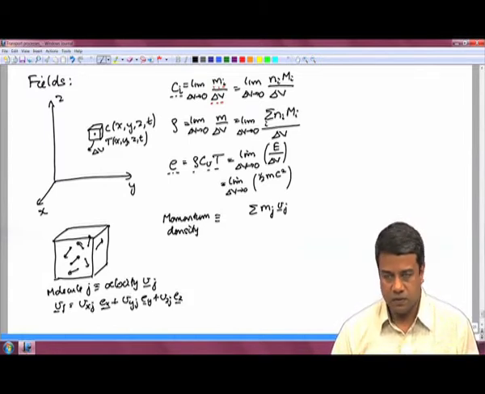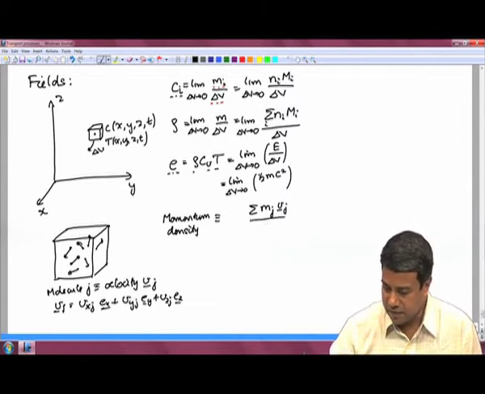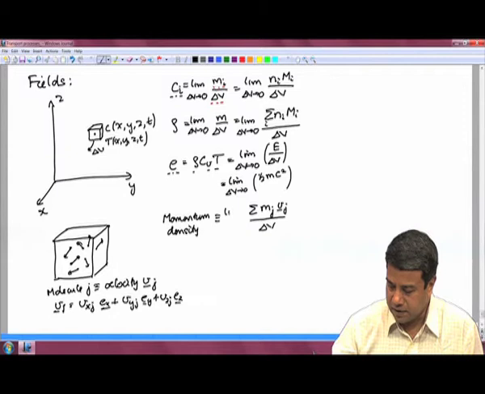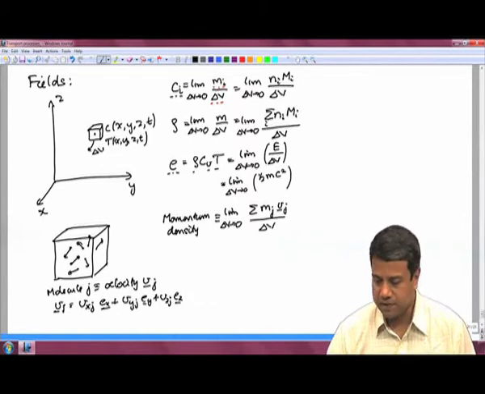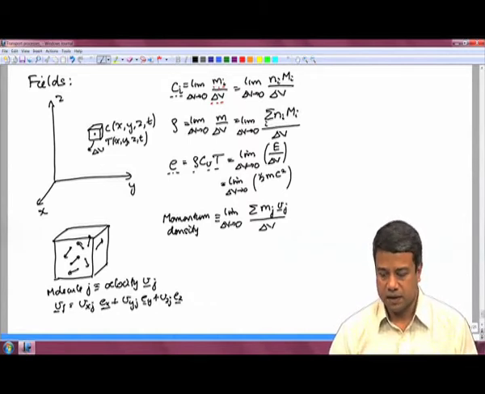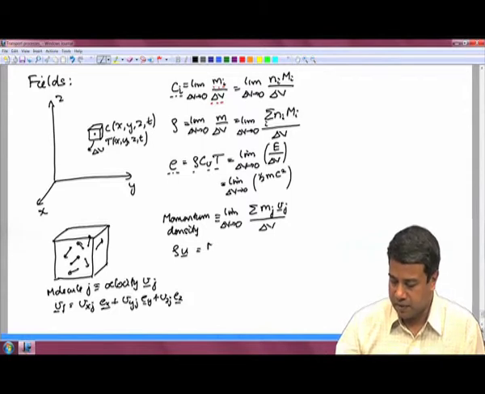So, I take the total momentum, the mass times the velocity of each molecule, and then divide that by the volume and take the limit as delta V goes to 0. Okay. So, that is the momentum density, and the fluid average velocity is defined as follows: the mass density times the mean velocity of the fluid is equal to the momentum density.